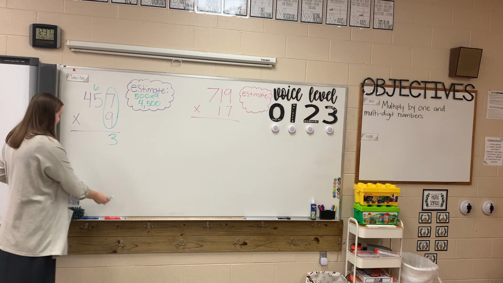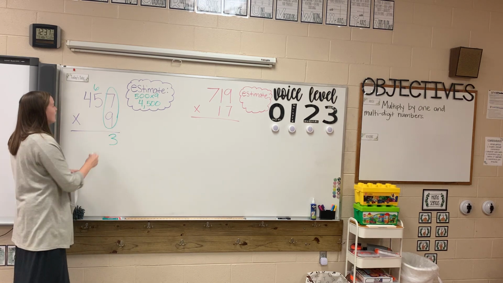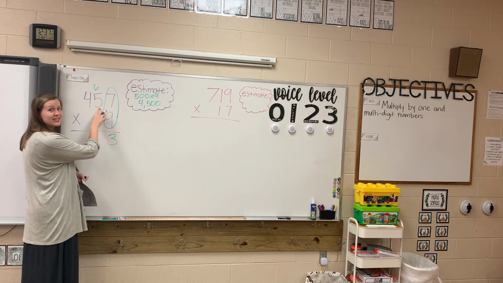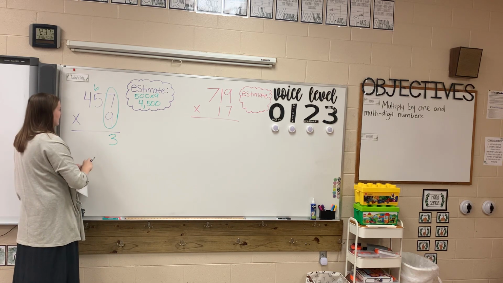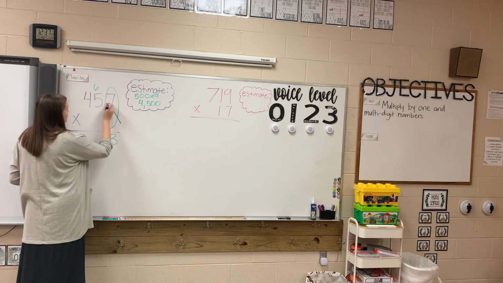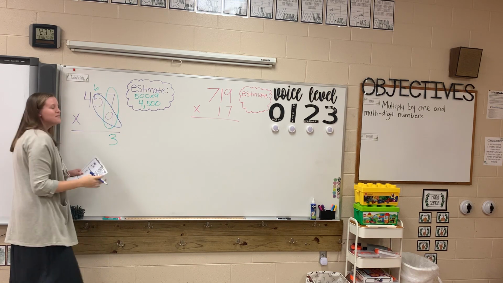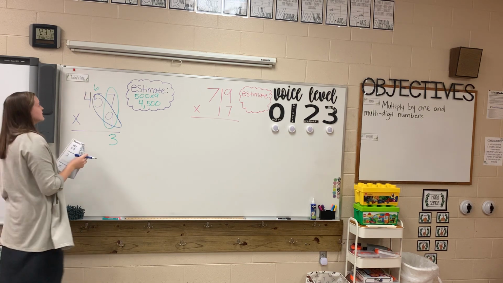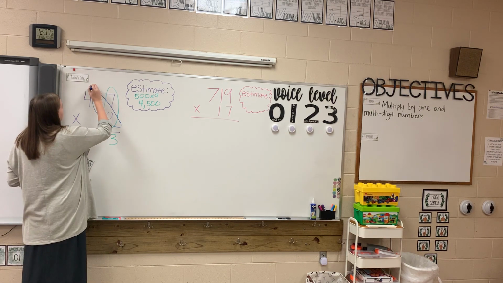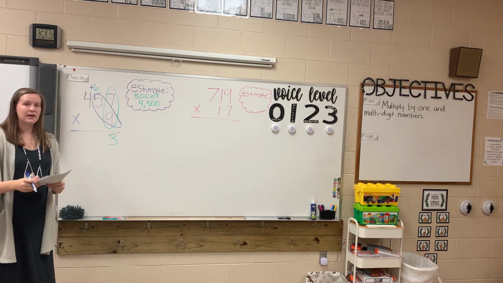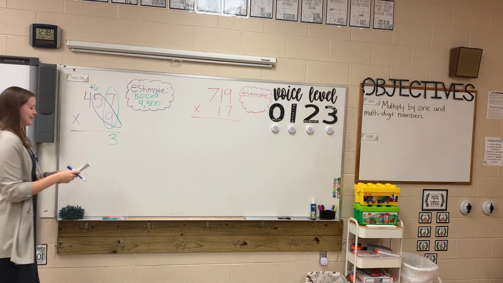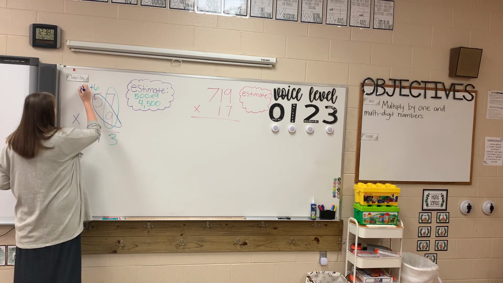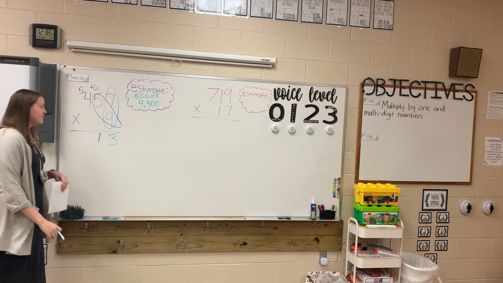So next, we're going to take our 9 ones and multiply that by 5 tens, because our 5 is in the tens place. So what is 9 times 5? 45. But we can't forget about that 6 that we brought over. So we have 45, but we have to add 6. And what are we going to get? That's right. So we'll drop our 1, and we'll carry that 5 from our answer of 51.